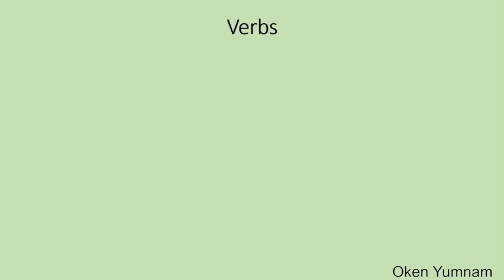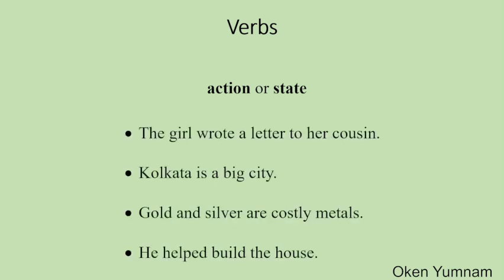Now coming to verbs. What are verbs? Verbs are words that give us action or state of a noun or pronoun. Let's see examples here. The four examples here. The first one, the girl wrote a letter to her cousin, and she was doing the action of writing. So wrote is a verb here. And Kolkata is a big city.